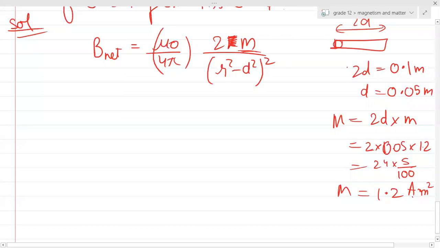Oh, my bad. And there is one more r. Twice of M into r, and this k is outside. r square minus d square, to the whole square. So mu naught by 4 pi will be 10 to the power minus 7. 2 will be 2. M will be 1.2. d will be 0.05.